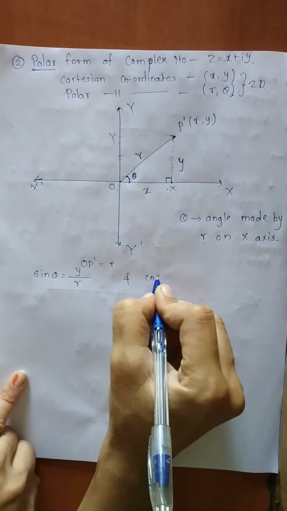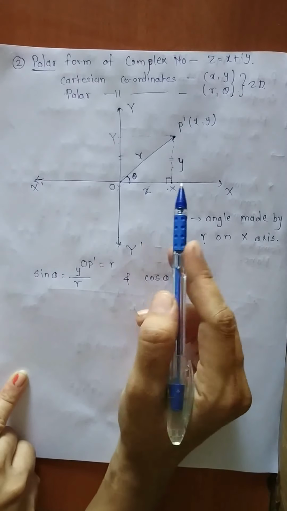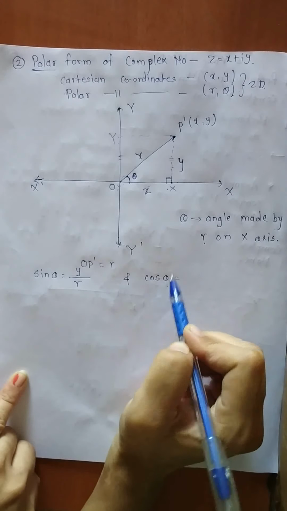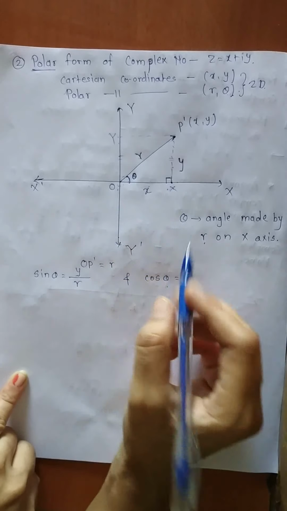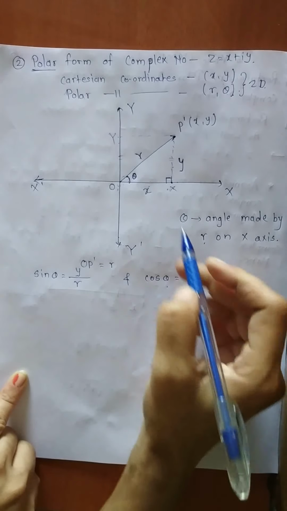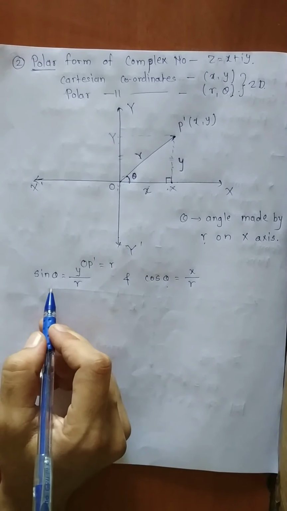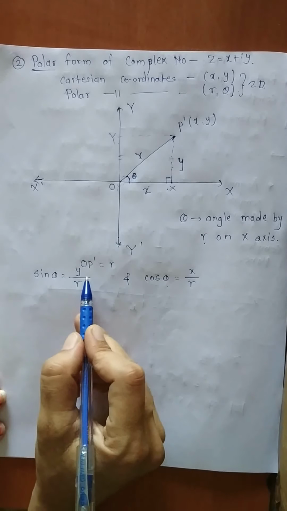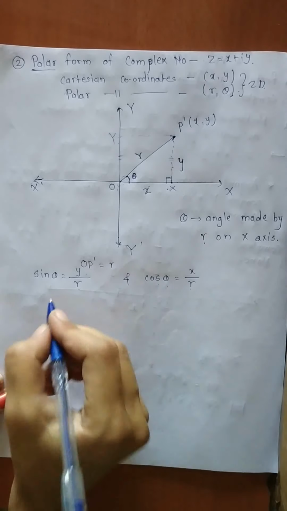And what about cos theta? The definition of cos theta is the adjacent side upon the hypotenuse. The adjacent side of theta is x, upon the hypotenuse r. So according to geometry, sin theta is equal to y by r and cos theta is equal to x by r.